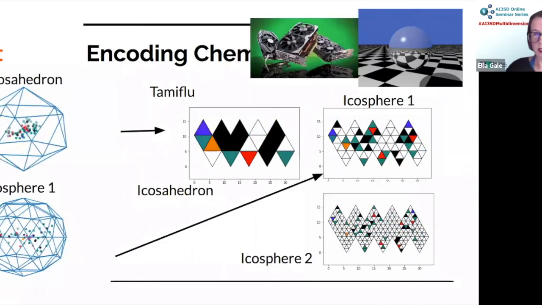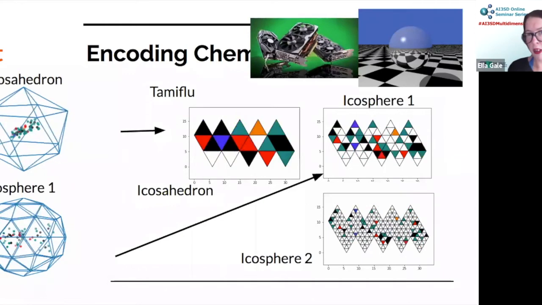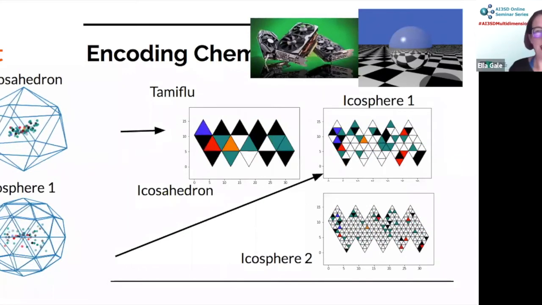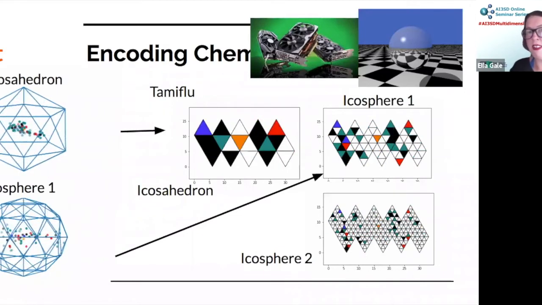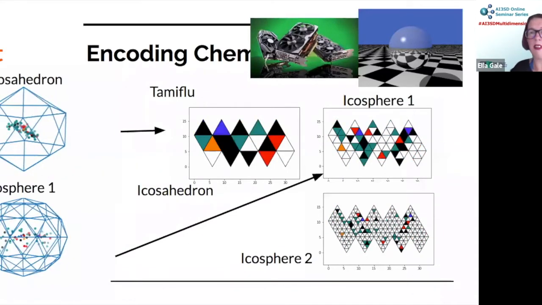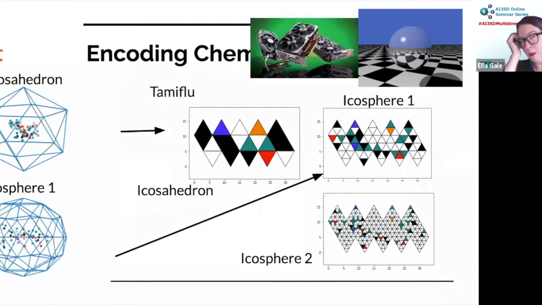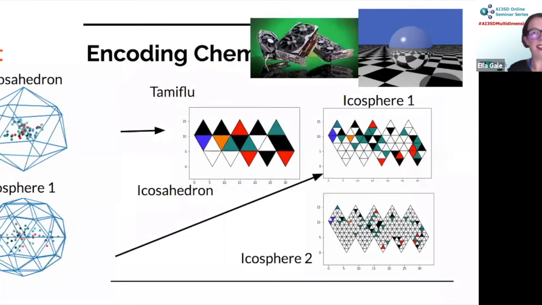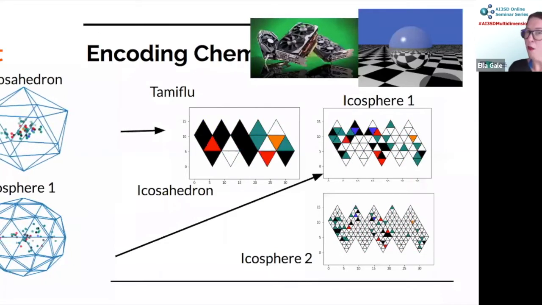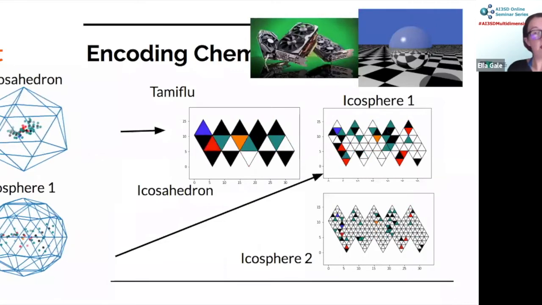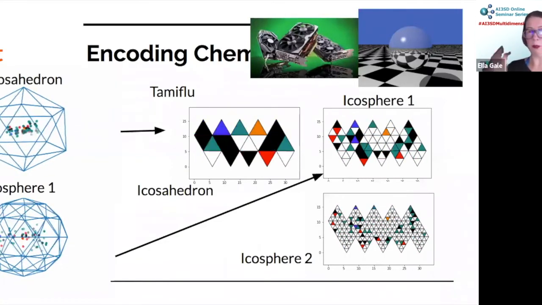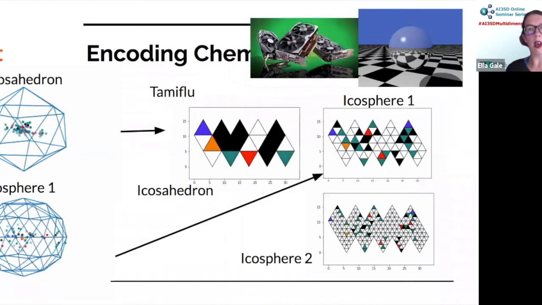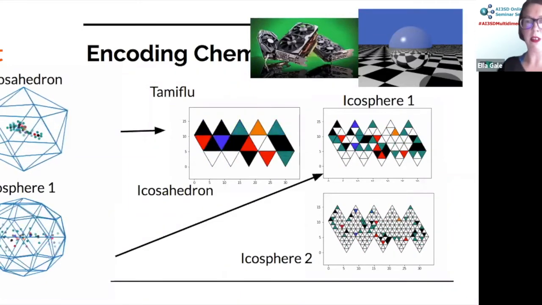Now what this is showing the neural network, when this goes to the network, it's telling it something about the angles of the bonds and the symmetries and which atoms are close to each other. So this is exactly the information that we want the neural network to have. And hopefully it has captured enough of the three-dimensional information in a nice 2D format that it would make it easy for neural networks to learn.